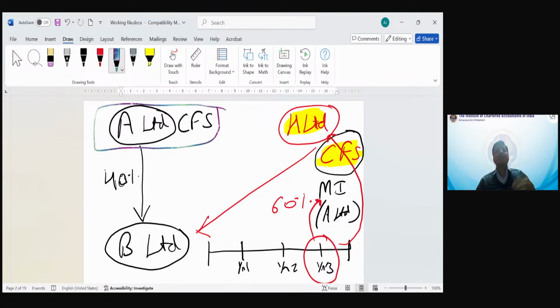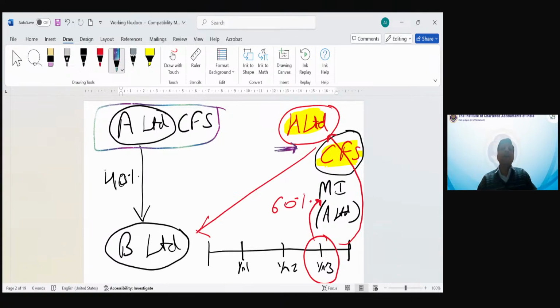Now, this CFS of A Limited is completely independent of the CFS of H Limited. As of now, my only suggestion is let's not get into this CFS. Because the more you think about this CFS now, your questions, your doubts will keep increasing. I can understand you are just trying to correlate the things, but that is not required.